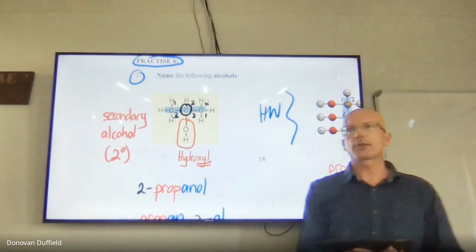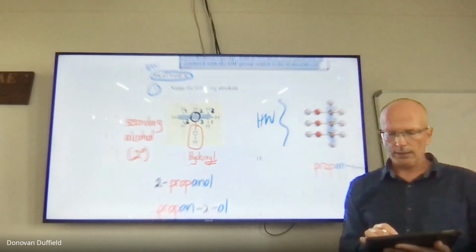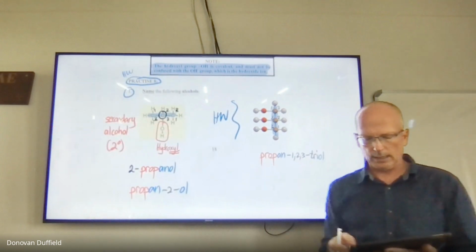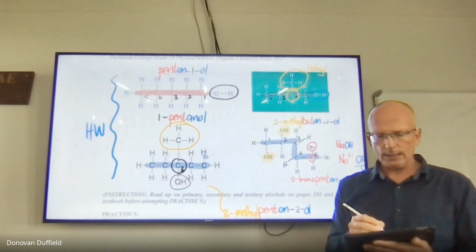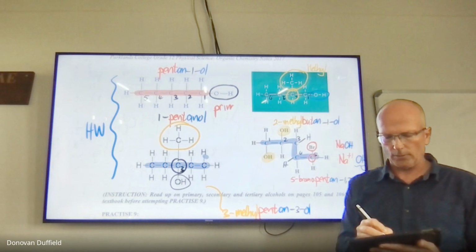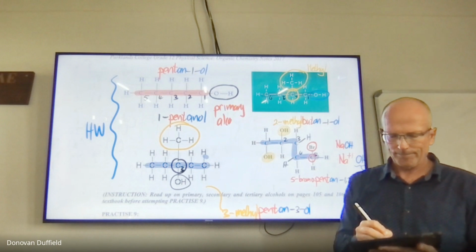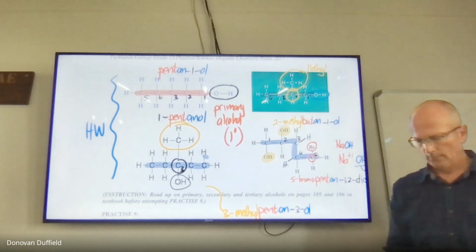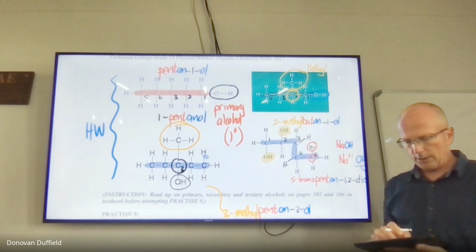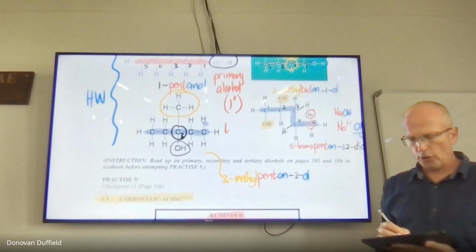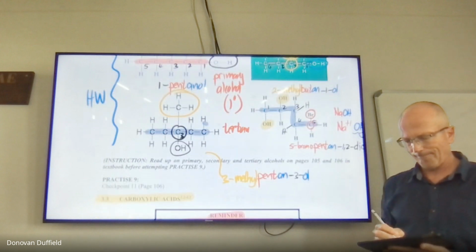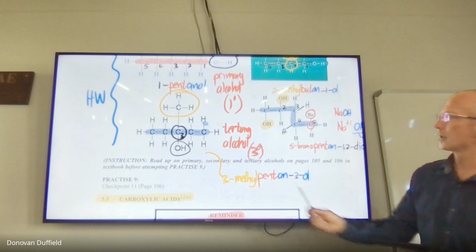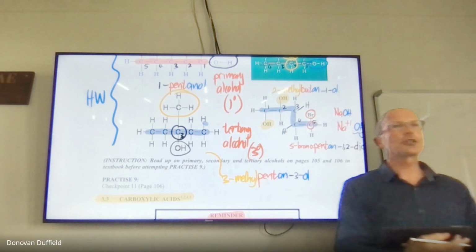This one has more than one hydroxyl group, so we're not going to look at that. This one is a primary alcohol, what we call a 1 degree. And this one here is a tertiary alcohol, a 3 degree. What is the rule?